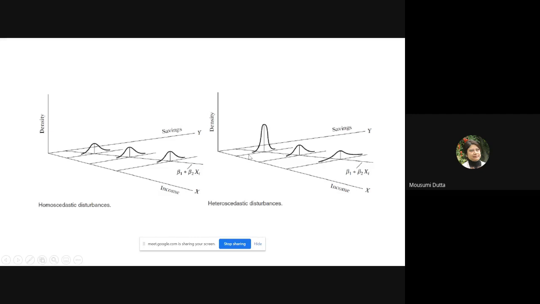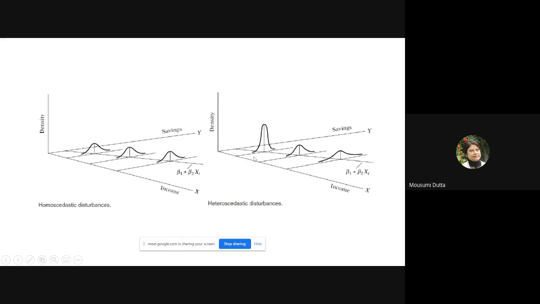Here the peakedness is very high, the mean concentration is very high. Here the spread is mesokurtic and here it is platykurtic. So the distribution of the scatter around the line is changing as we are moving from low income group to high income group. Okay, so this is the idea.